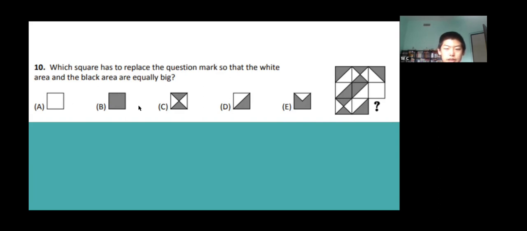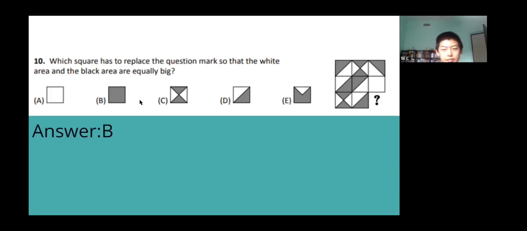So we have 2 B's, which is the correct answer. The way we do this is by looking at which of these squares has half its area shaded in. Then we can take out the squares.